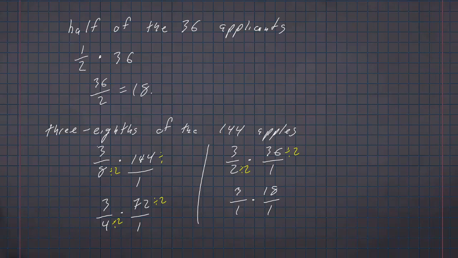See, 3 times 8 is 24. 3 times 1 is 3 plus 2 is 5. So 3 times 18 is 54. And anything divided by 1 is that thing. So we get here 54. 3/8 of 144 is 54.